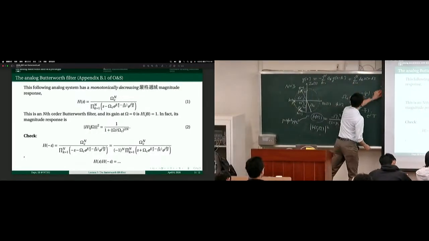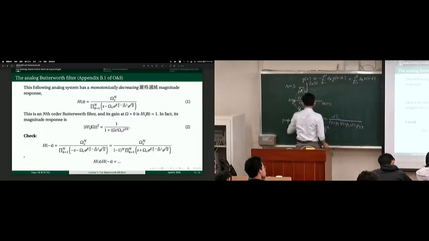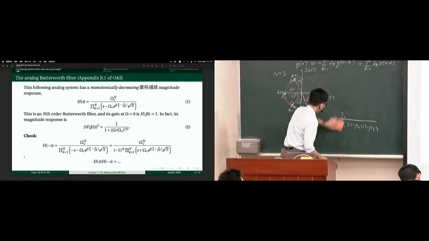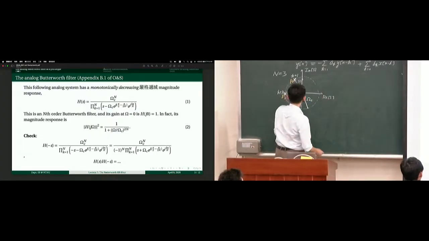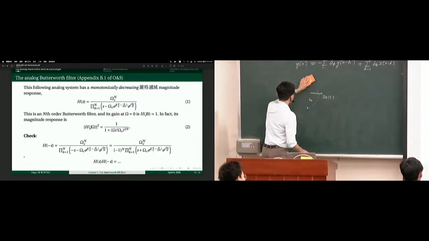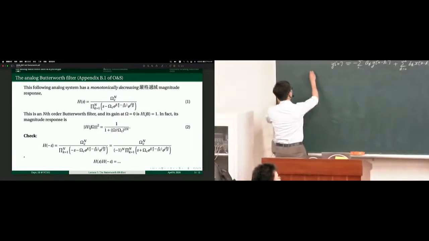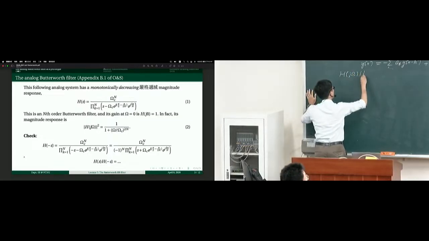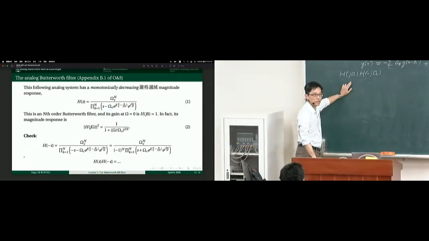And I can probably erase this. I can also erase that. Okay, so now H of j omega, H of minus j omega, that's what we are going to take a look at, right?